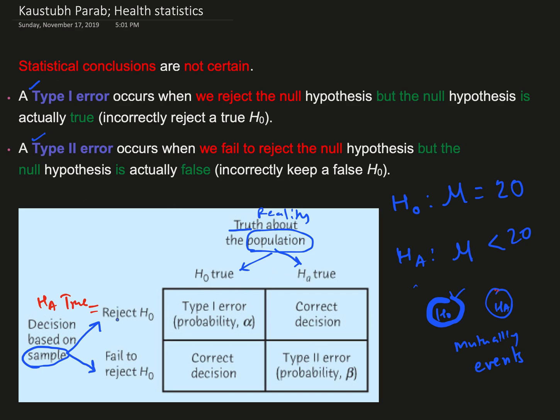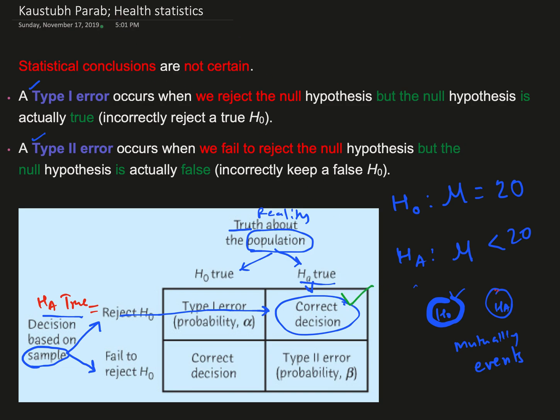If we reject the null, that means the alternative is true from our sample, and based on the reality or truth from the population, we also get the alternative as true. So these two things are the same. That means we made a correct decision right here.